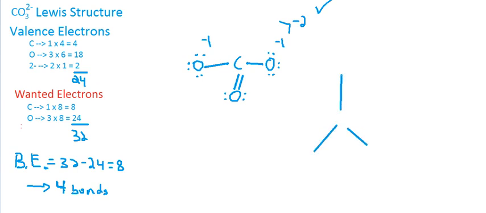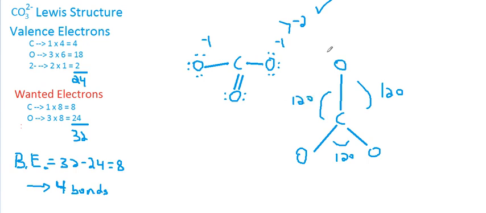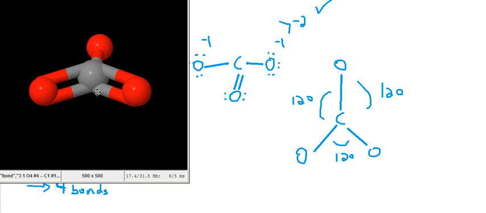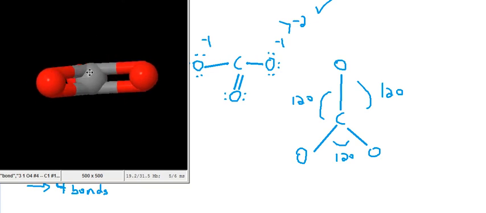So the geometry is going to look like this. You're going to have a carbon, then an O, an O, an O, and each of these angles is going to be 120. You can draw in double bonds or single bonds as you like, but that's the geometry. So this molecule looks flat.